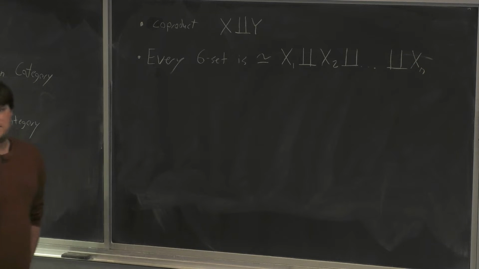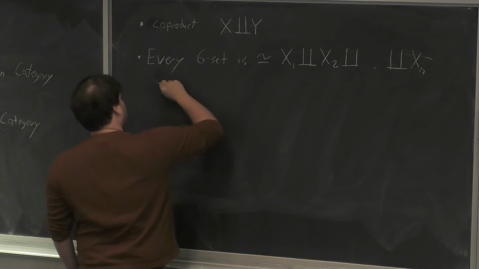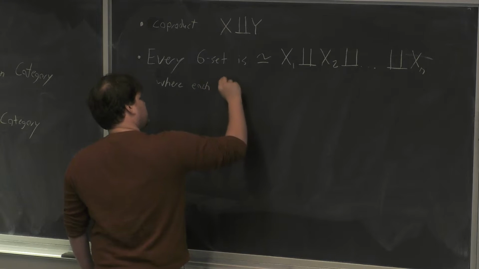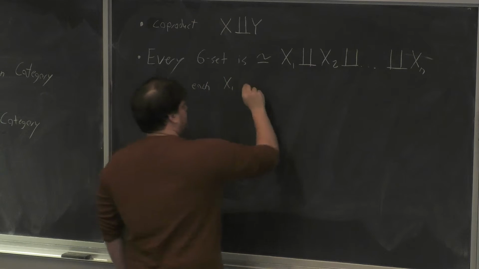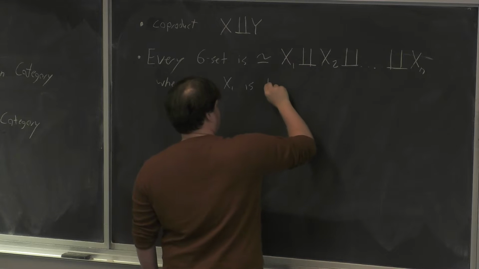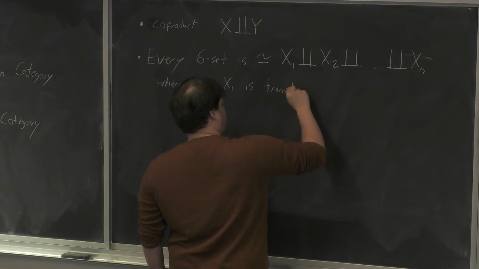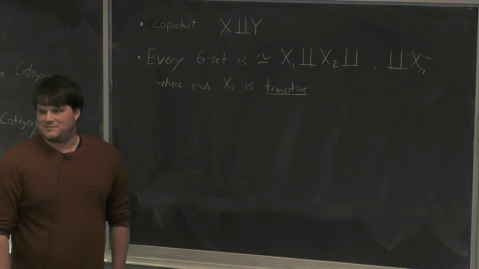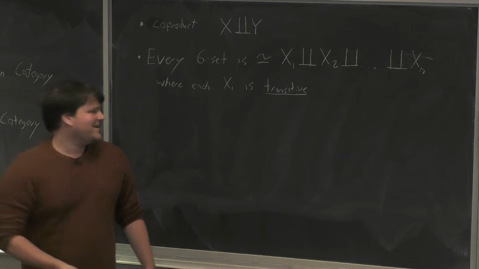So it breaks up as a finite union of orbits where each xi is transitive, which I'm just going to mean can't be broken up further.